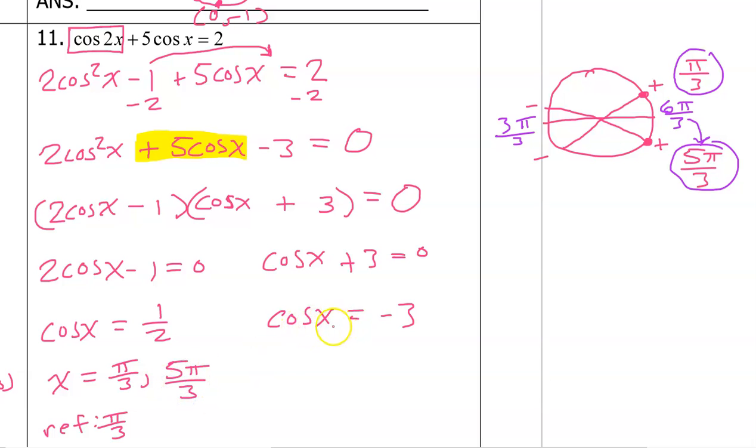But what about the cosine of x equals negative 3? That looks really weird. Except when you remember that the maximum value of cosine is positive 1. Remember that cosine is an x value on the unit circle.